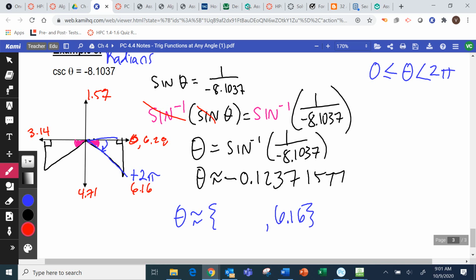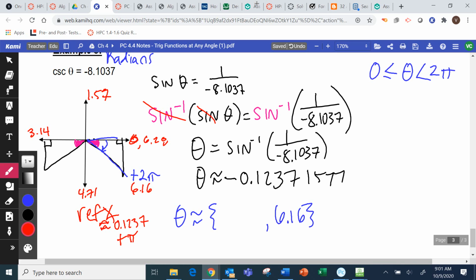So if you realize that this first answer is negative, however, without the negative sign, it is the reference angle, then we do have our reference angle. It just isn't negative. So our reference angle is approximately 0.1237. And then Austin said just add pi onto that, and we should have our second answer.